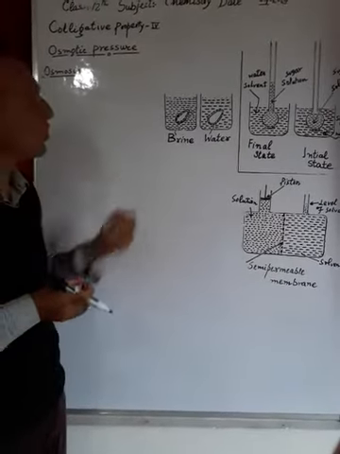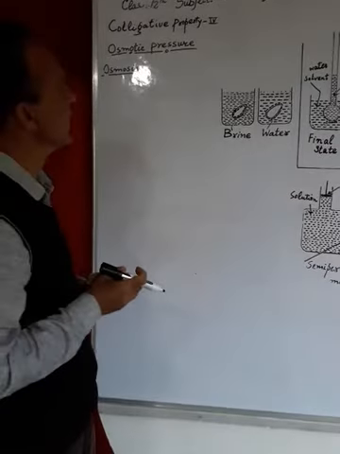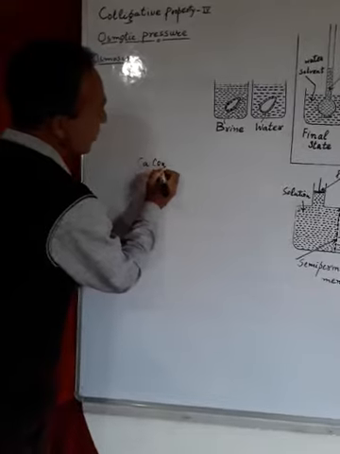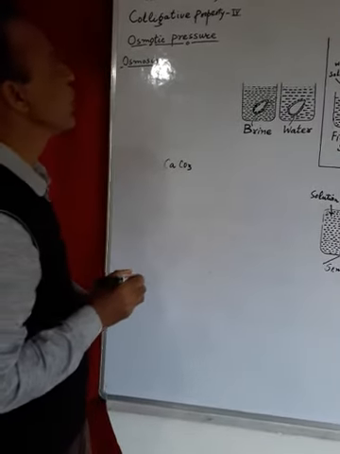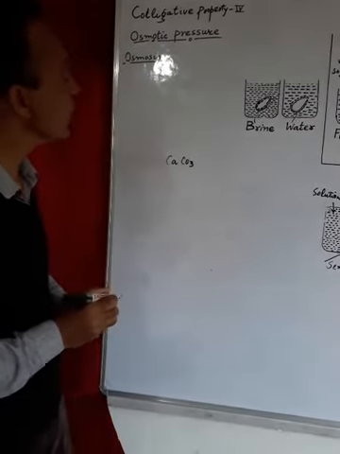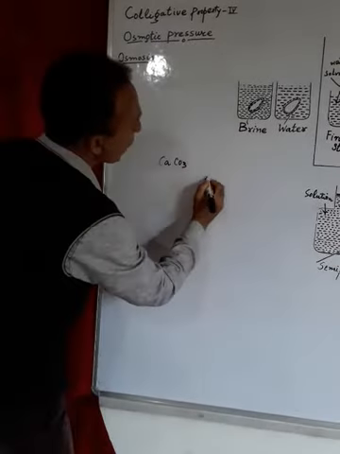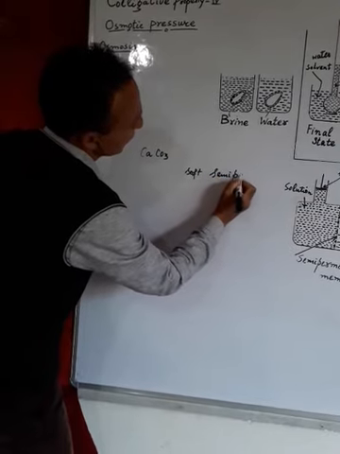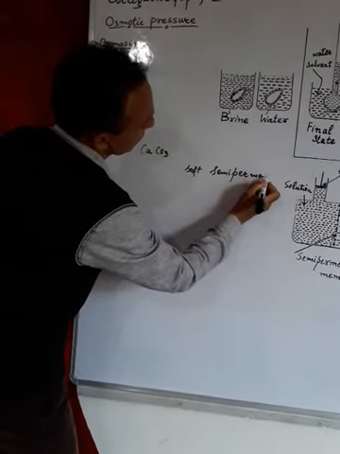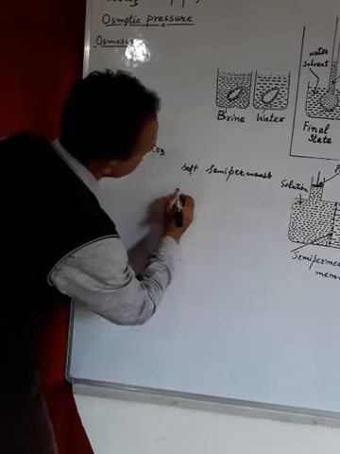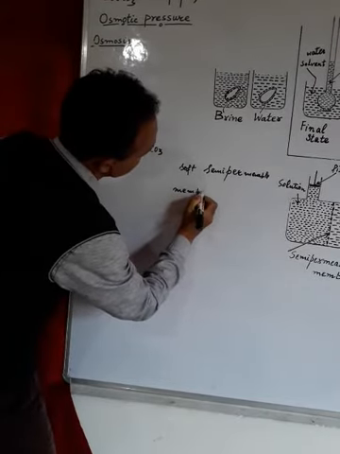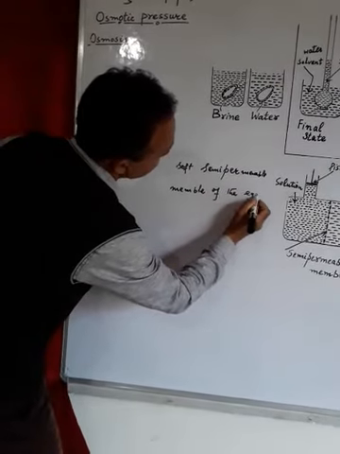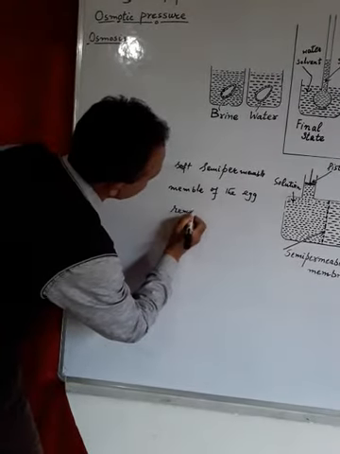The hard shell of eggs contains calcium carbonate, which gets dissolved in the hydrochloric acid. Therefore, the soft semi-permeable membrane of the egg remains intact.